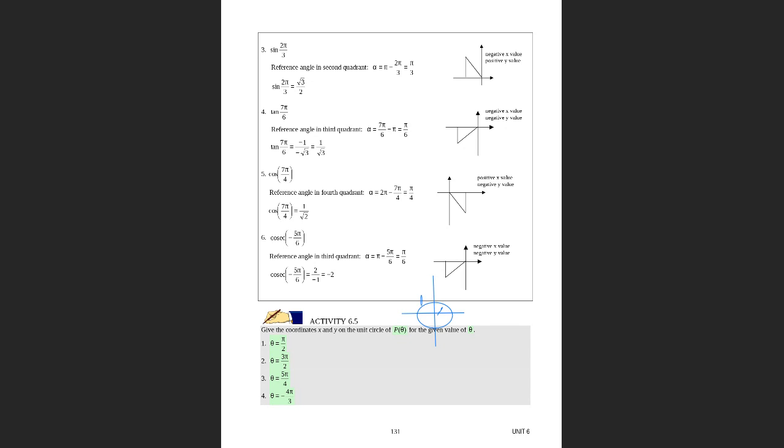So let's look at the first one. The circle has got a radius of 1. The point here will be 1 and 0. The point here will be 0 and 1.